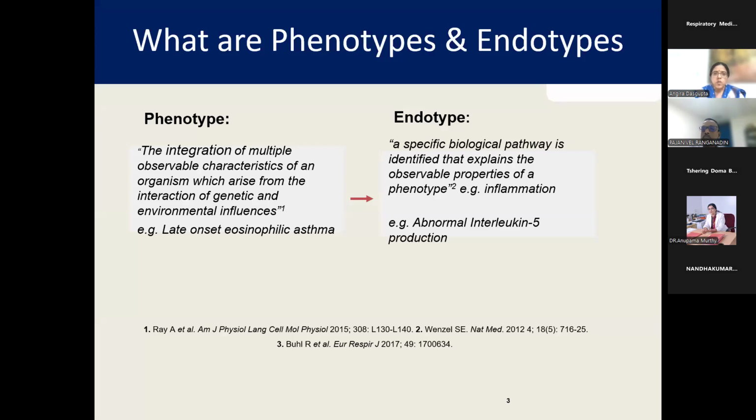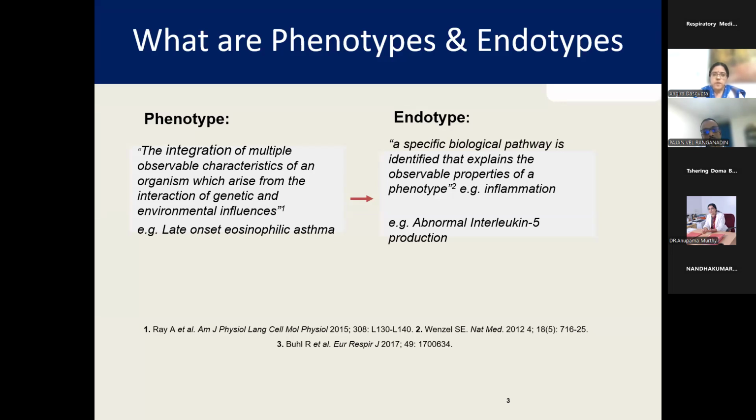So at the outset, what is a phenotype and what is an endotype? A phenotype is something that we can see. It's an observable characteristic in an organism which arises from the interaction of genetic and environmental influences. But underneath what we can see is the biological pathway, and this biological pathway is called an endotype.